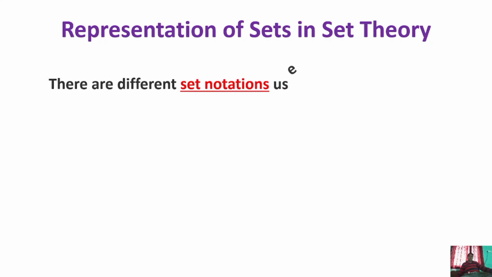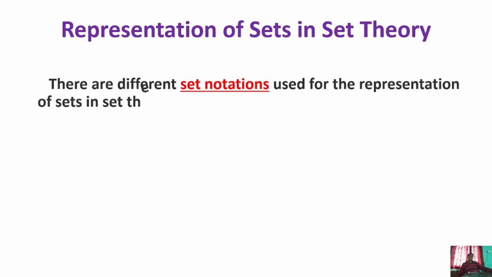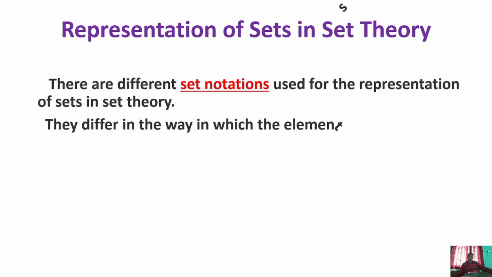Representation of sets in set theory. There are different set notations used for the representation of sets in set theory. They differ in the way in which the elements are listed.